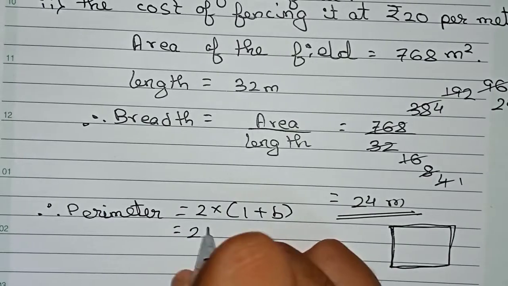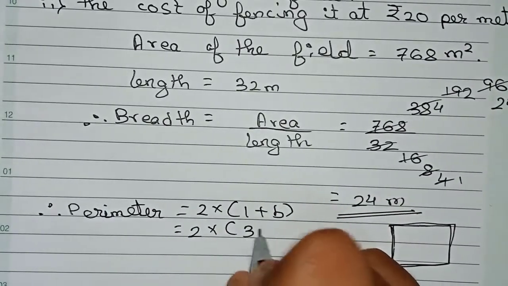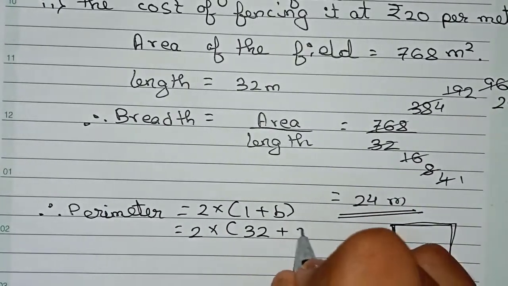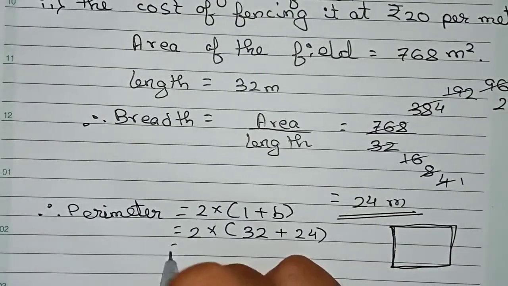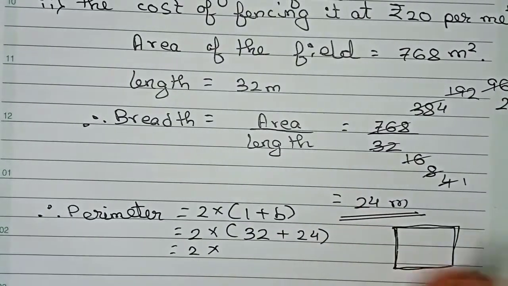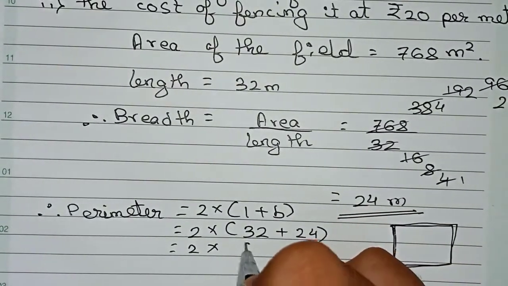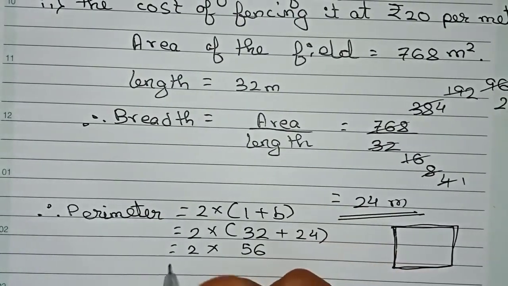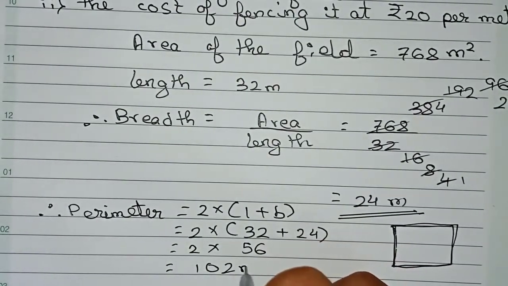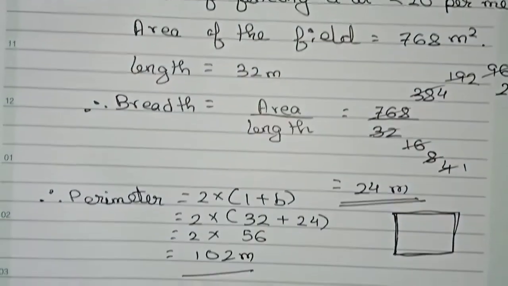So it will come 2 into, length is 32 plus the breadth, that is 24. So equals 2 into 56, which is equals to 102 meter. So therefore this is the perimeter.